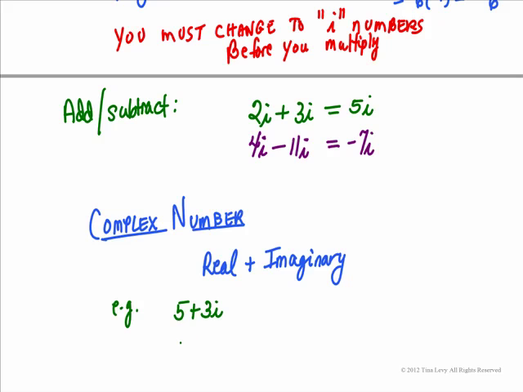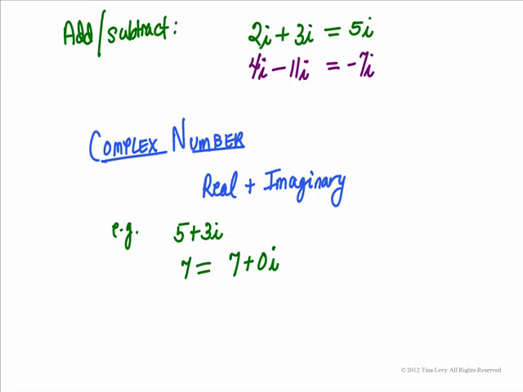But it turns out that real numbers can be written in this complex form. The number 7 is 7 real plus 0 imaginary. And the imaginary number 2i is 0 real plus 2i.